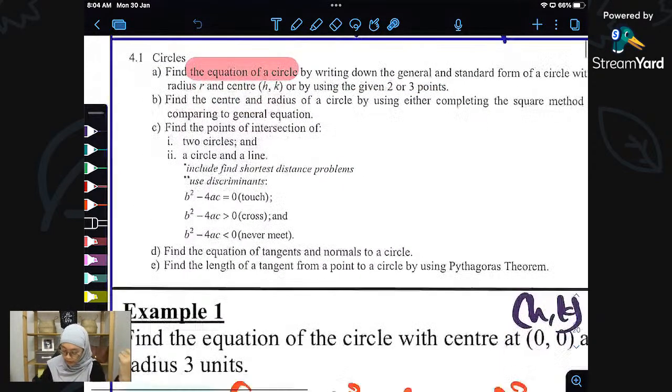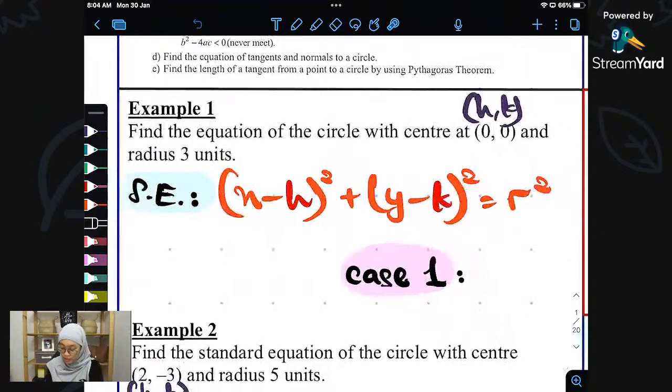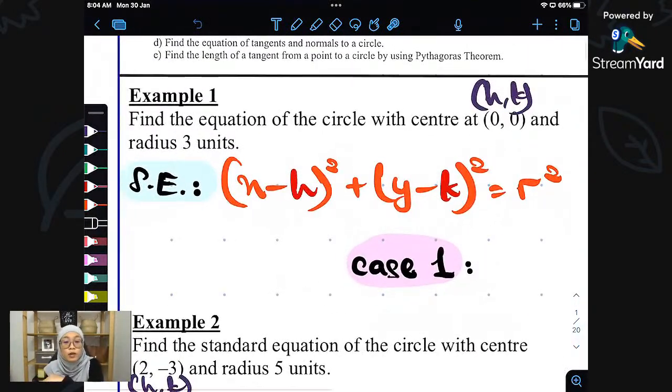So let's have a look at this first example here. Let's have a look at the question. You can look at your notes. If you don't have to print your notes, it's okay. You listen first and then later you come back to this YouTube video and have a look back. Example 1: find the equation of the circle with center at 0, 0 and a radius of 3 units.